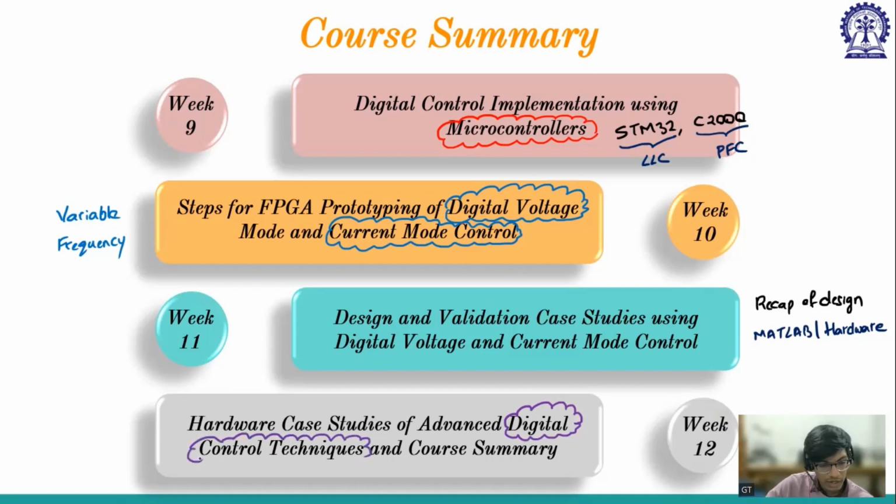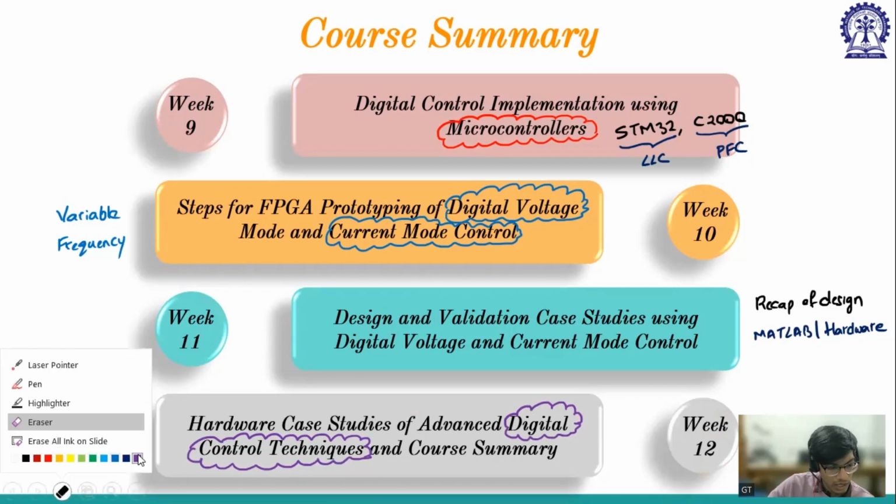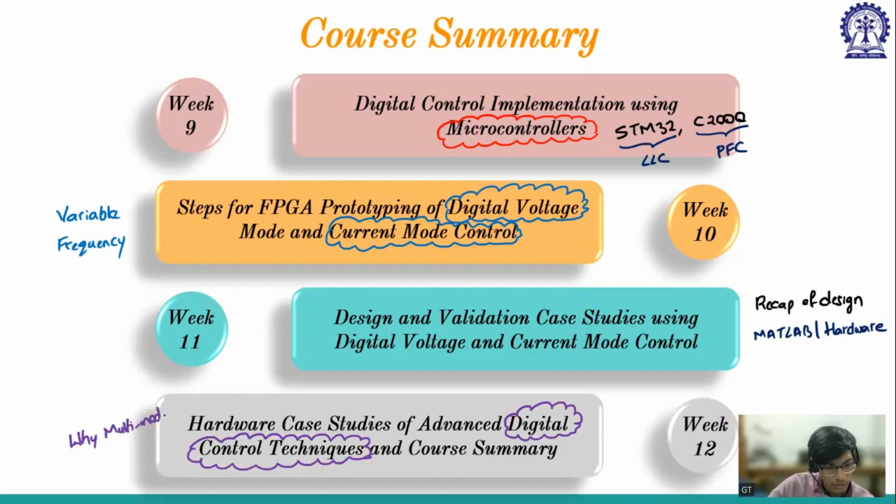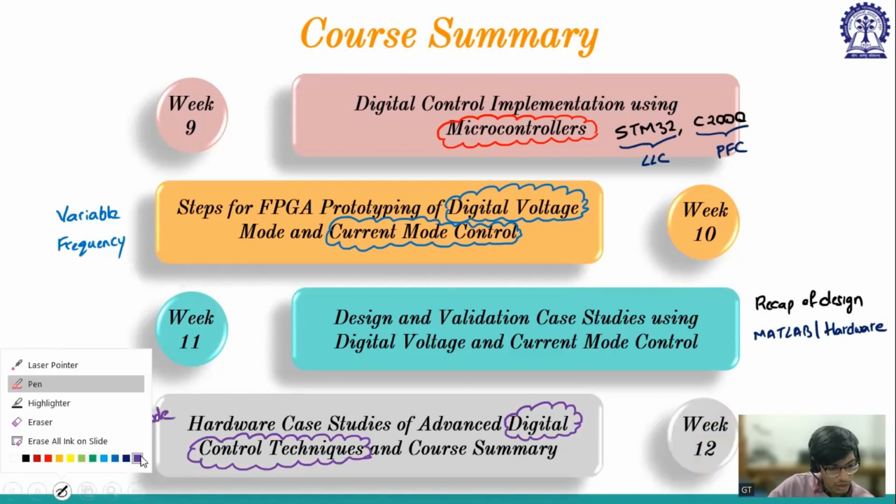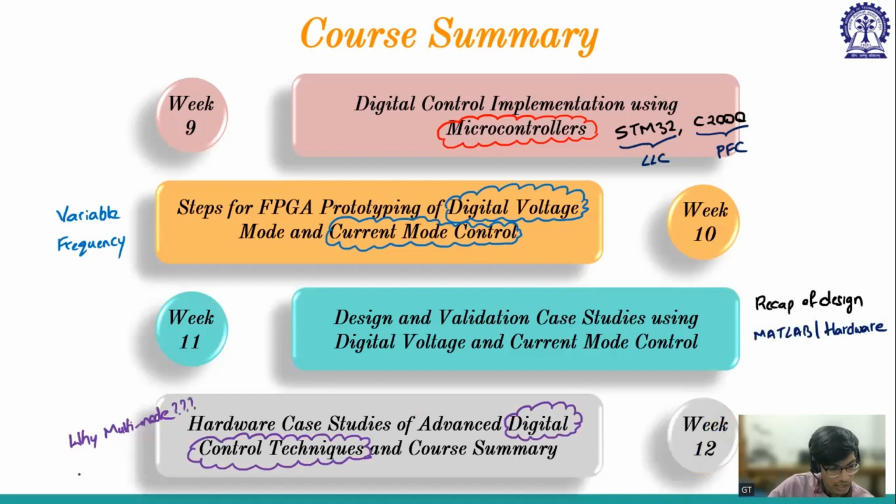So we have discussed why multi-mode is needed and what are the advantages of multi-mode architectures and why we are using that, because to improve the light load efficiency. And we have also discussed two types of multi-mode architectures. One is the voltage based and the other one is the current based. So we have voltage based multi-mode as well as current based multi-mode.